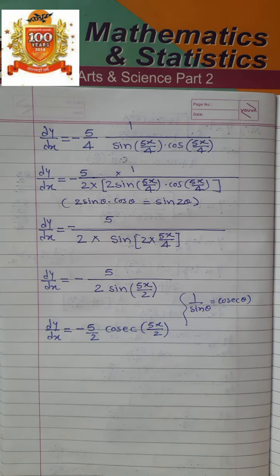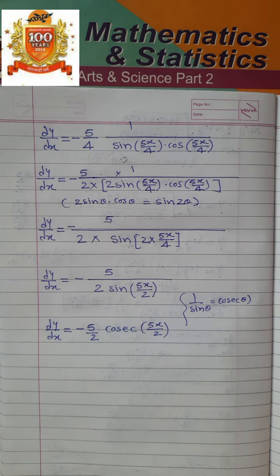Question number 19. Y is equal to 25 raised to power log of sec x to the base 5 minus 16 raised to power log of tan x to the base 4. Solution.